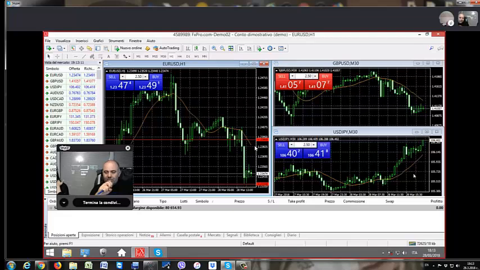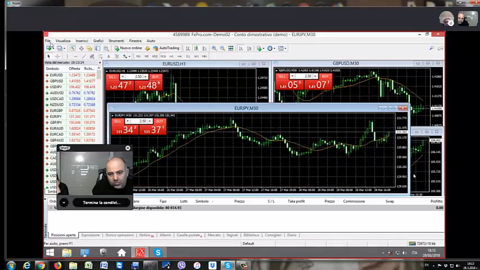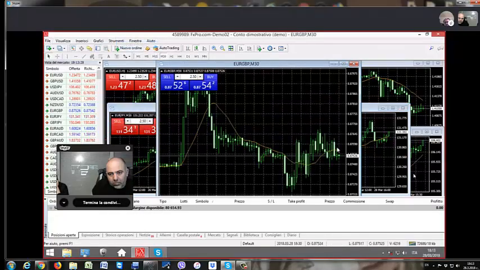Suppose we are trading on the market and we have to find a trading range on five different currencies: euro dollar, euro yen, euro sterling, sterling dollar, and dollar yen.